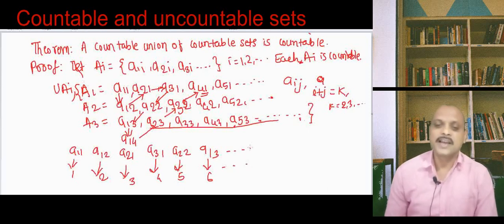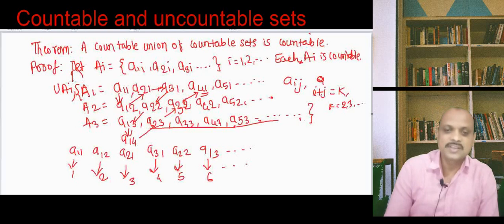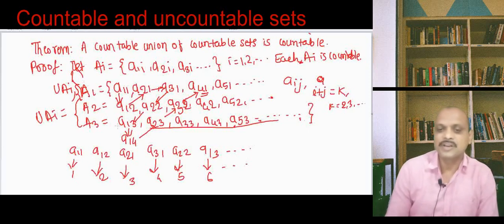So we can see that this is the union set, the union of A_i. These are the elements of the union of A_i, and if we arrange these elements of the union like this, by addition it is the same. Here A12 and A21 have suffix sum equal to 3.